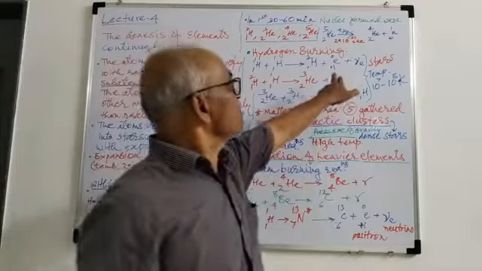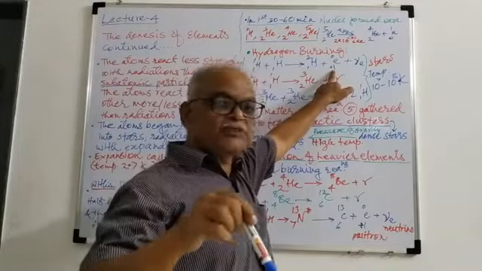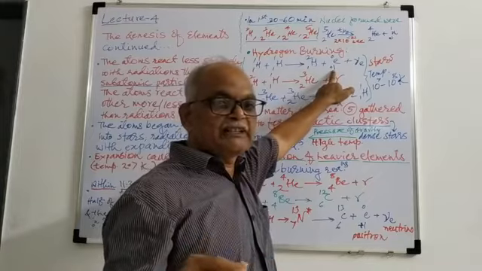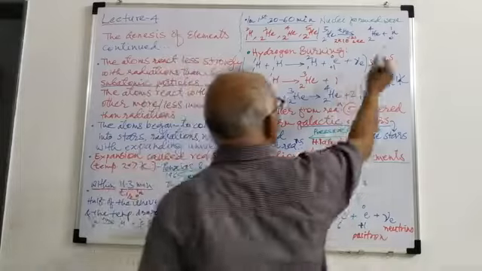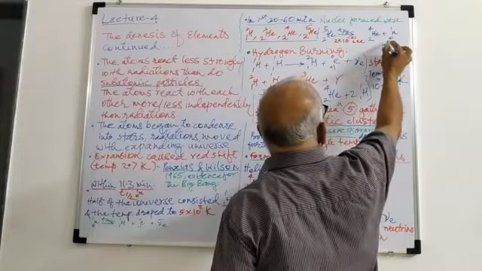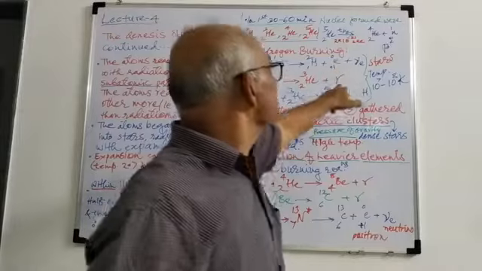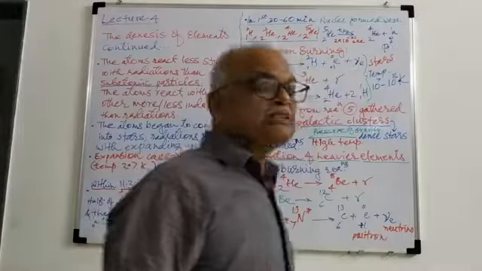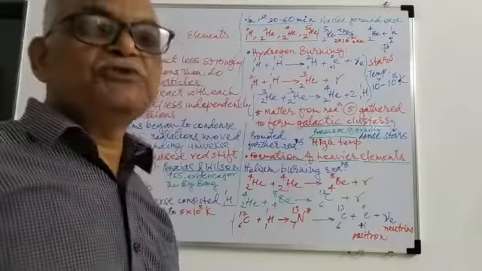This positron is an electron having positive charge, and therefore it is called a positron. This is also represented as beta plus, with the also release of a neutrino.